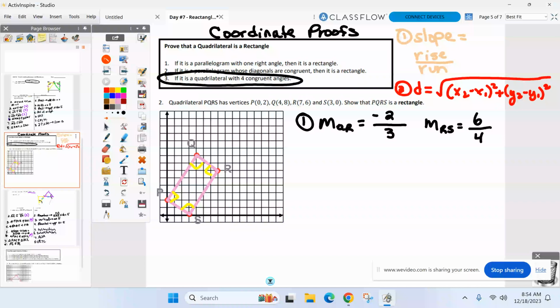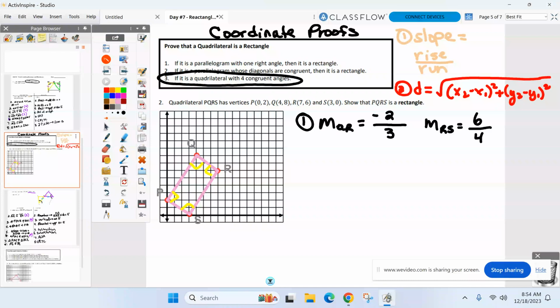Here's the problem, though, and here's where I need a favor from you. Look, I got 2 and 3, and I got 6 and 4. They don't look like they're the same negative reciprocals, there's all different numbers. I need you to reduce if possible. So if you don't know how to reduce 6 over 4, you take the calculator and you plug in 6 over 4 and hit enter, and it will reduce it for you. No questions asked.